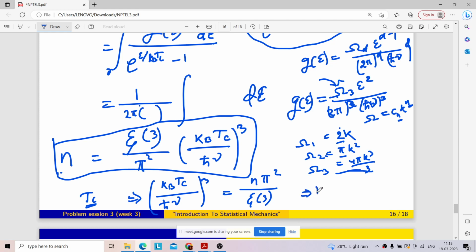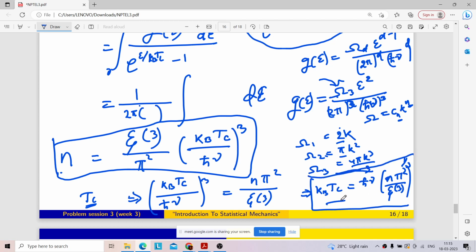Then we'll have Kb Tc as h cross mu times (n pi square over zeta of 3) to the power 1 over 3. So this is the relation for critical temperature.